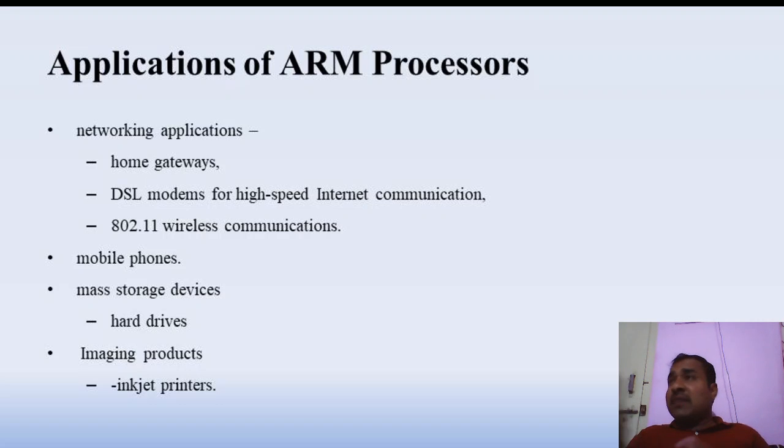Handheld devices like mobiles, tablets, and other things also include ARM processors. ARM processors can also be used in mass storage devices like hard drives, and in imaging products like inkjet printers. Many more applications are there. You may be owning an ARM system and not be aware of it. Say, your mobile may be made of an ARM processor also. So the ARM has a very vast application.